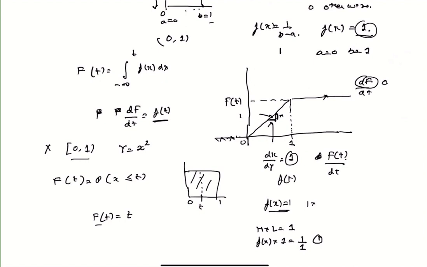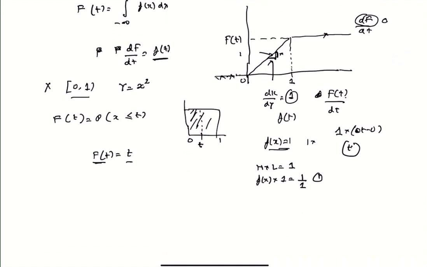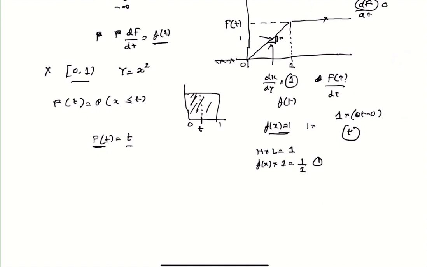So in this situation where t lies between 0 and 1, f of x is 1, so the whole area is going to be 1 times t minus 0, which is t. So that is why F of t is equal to t. And obviously if t is less than 0, then F of t is going to be 0, and if it is more than 1, then F of t is going to be 1.